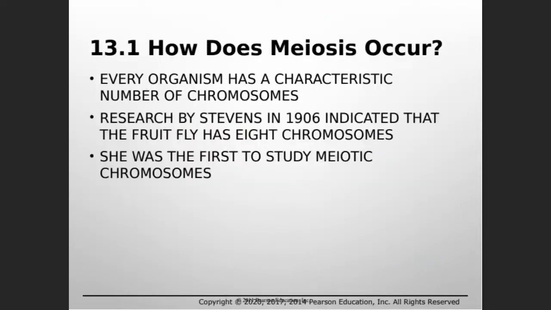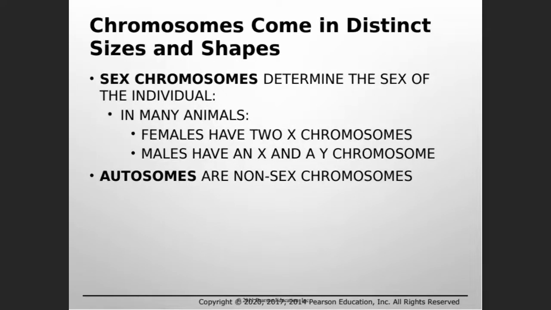So every organism has a characteristic set of chromosomes, that chromosome number, right? Research by Stevens in 1906 indicated that the fruit fly has 8 chromosomes. She was the first to study meiotic chromosomes. Sex chromosomes determine the sex of an individual.